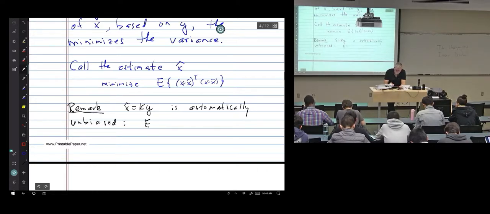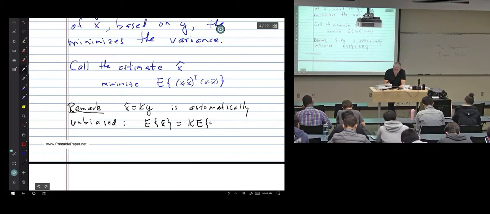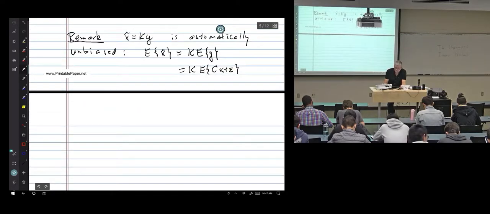Because if I take the expected value of x hat, which is K times the expected value of y, equals K times the expected value of Cx plus epsilon, equals KC times the expected value of x plus K times the expected value of epsilon.